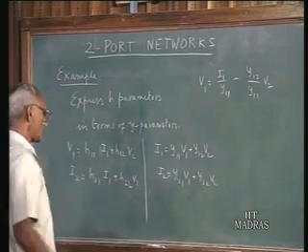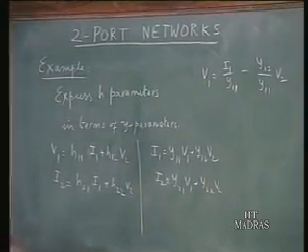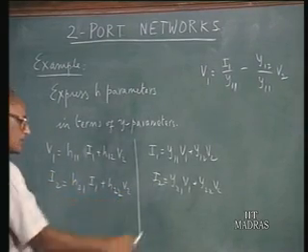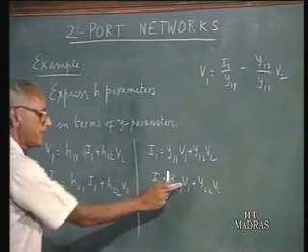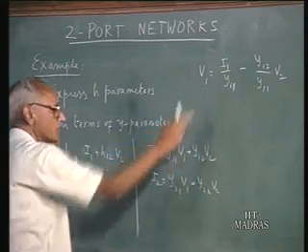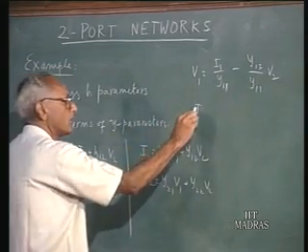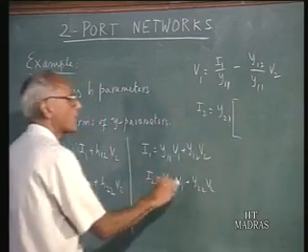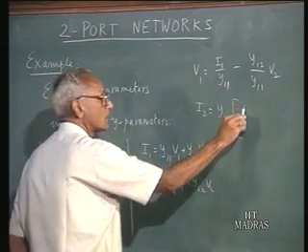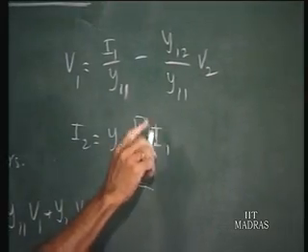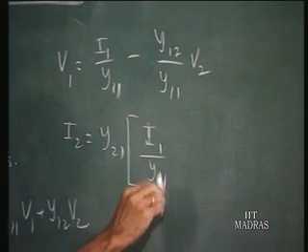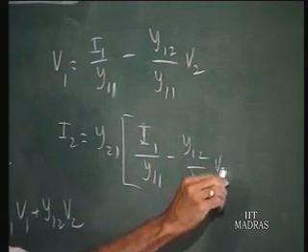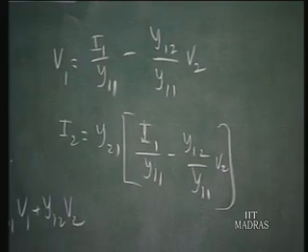As far as I2 is concerned, we have I2 expressed in terms of V1 and V2, but the V1 expression we already know. So, substitute this here. You get I2 equals y21 times, for V1 we substitute I1 divided by y11 minus y12 by y11 times V2, plus y22 V2.